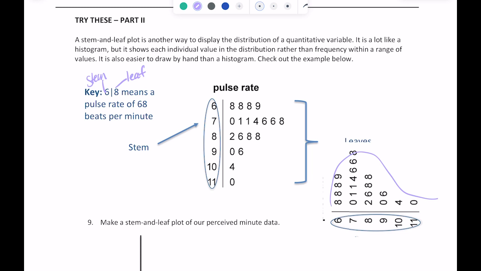So the distribution of pulse rates appears to be skewed to the right, okay? The center appears to be somewhere in here. So that would tell me the typical pulse rate of people would be around 70 beats per minute, 74 beats per minute. And the pulse rates range from 68 to 110 beats per minute, okay?